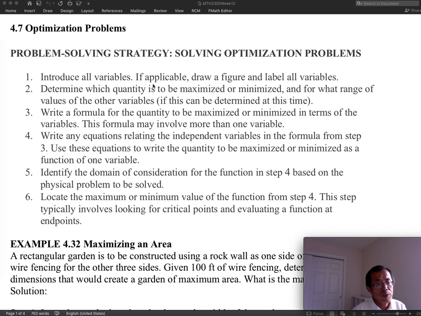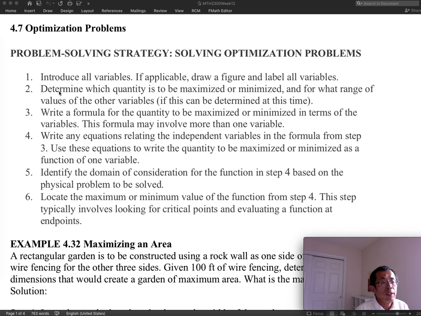Many times you want to draw a figure, or maybe multiple figures or graphs, and then label the information, the length, the width, or any useful, important quantity on the graph.